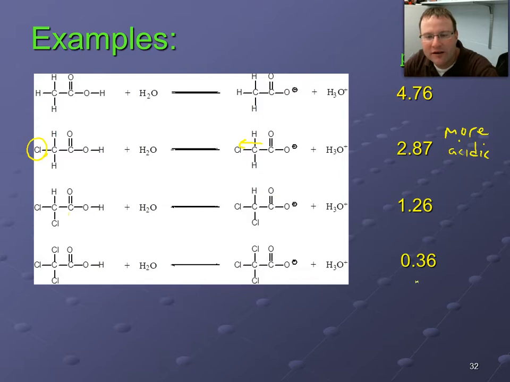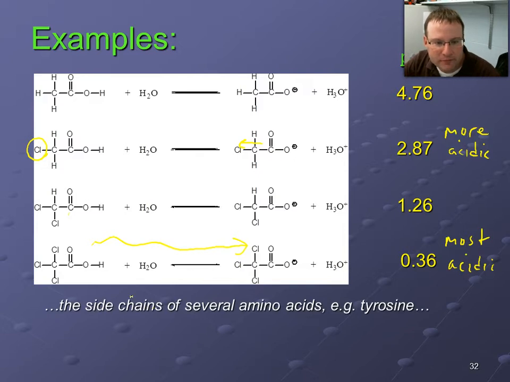If you go to that, now we have a pKa that's all the way down to 0.36, and in this series, that's going to be the most acidic because now you have the ability to delocalize that charge or spread that charge out across the molecule more effectively. So you're stabilizing the charged species. When you stabilize the charged species, it makes it more likely to go from left to right, and you become more acidic. And so that's a reminder of pK.